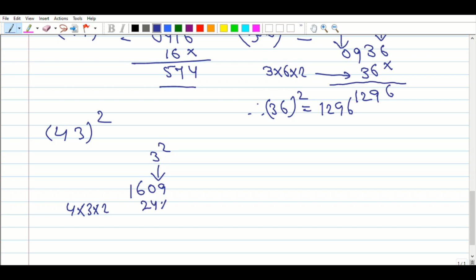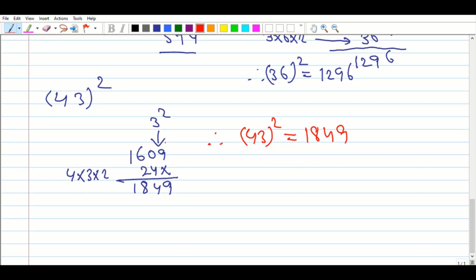As per the rule, leave the one digit and write 9, 4, 8, 1. Therefore 43 square equals 1849. It's very helpful, I think. Up to 60 you can do this. We can do this one.